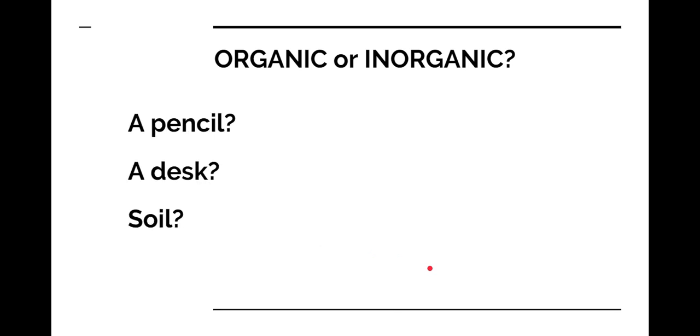What about some other stuff like a yellow wooden pencil? To me, I see the wood and I know that the wood of the pencil is organic because the wood came from a tree. But then I see the metal or the graphite in the lead, and those things didn't come from a living thing.